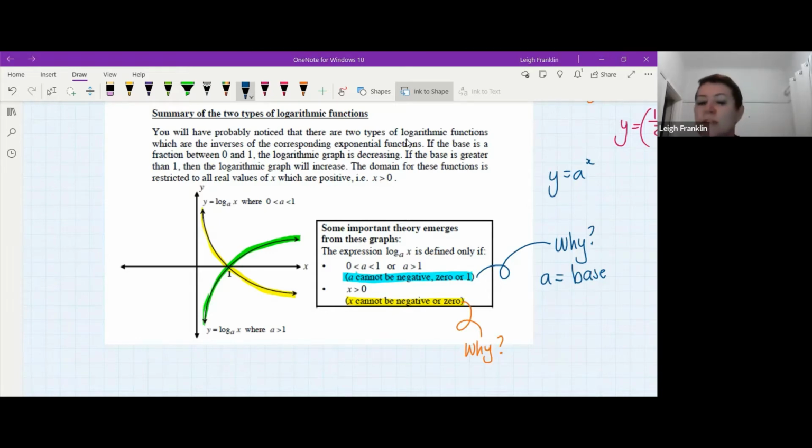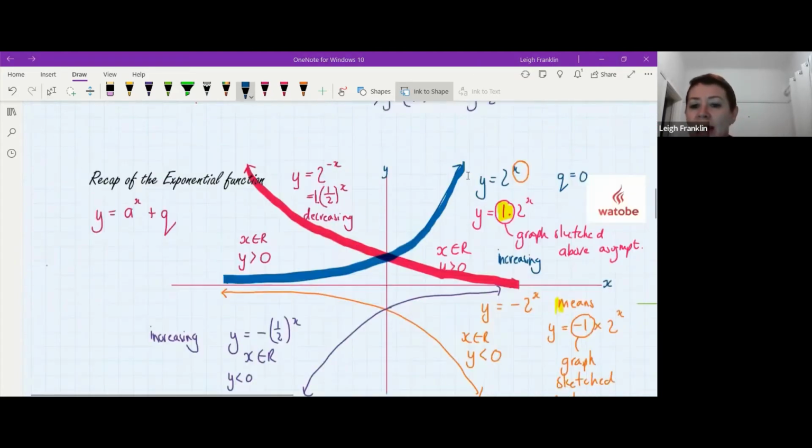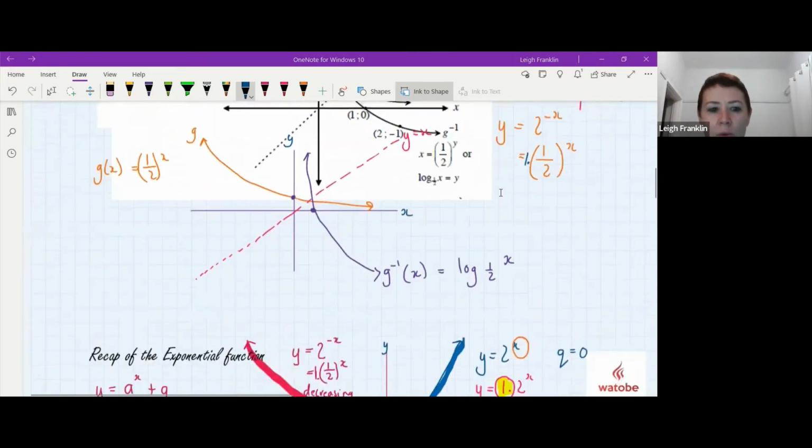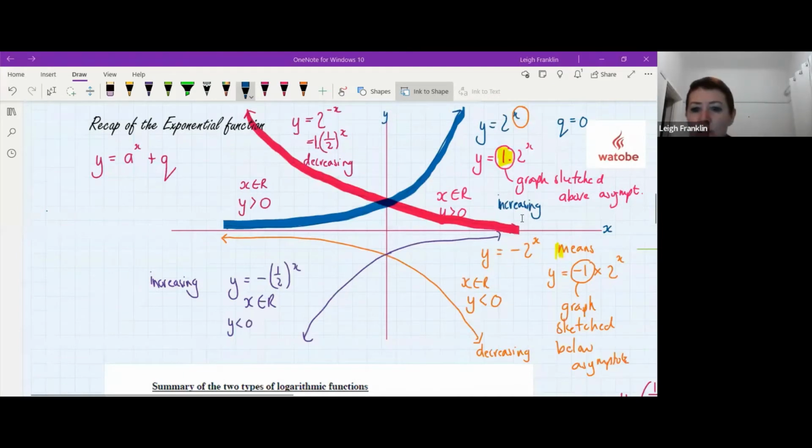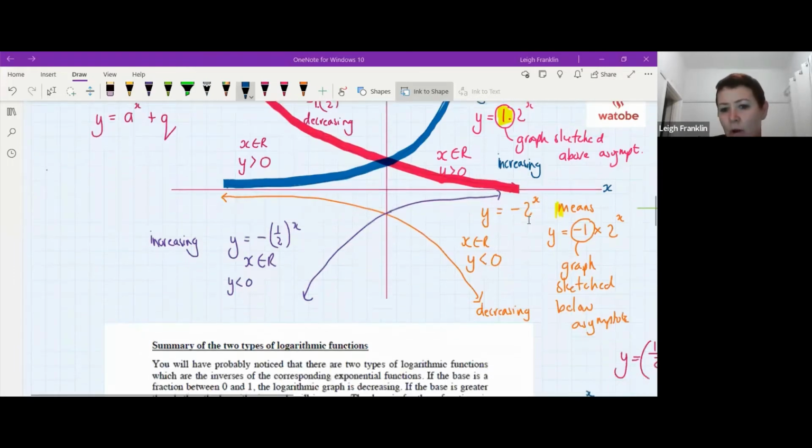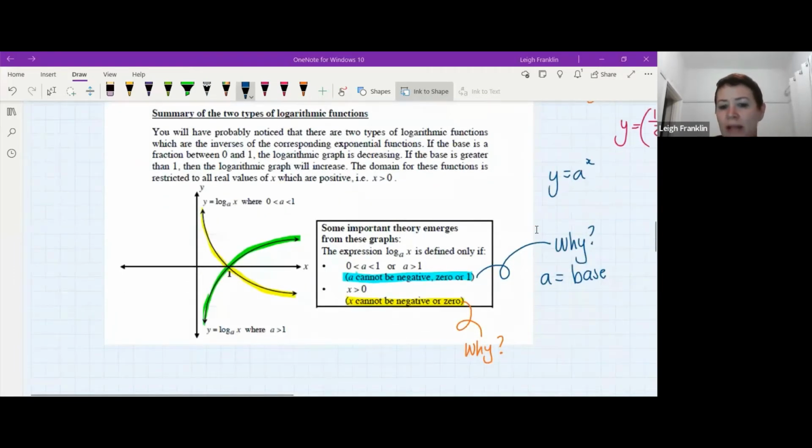Again, it goes back to this theory that we were talking about up here. It does not matter how small we make our exponent, the graph is never ever going to touch the x-axis. So it cannot be negative, it cannot be 0, and it certainly cannot be 1. So a represents the base, right? So that's why there is this restriction on a.